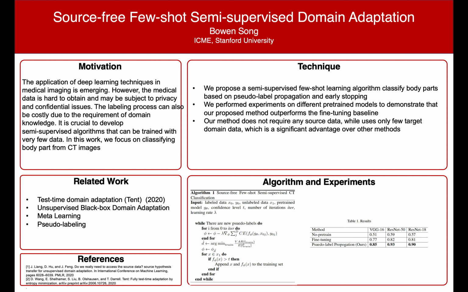Every time we construct more pseudo labels until we no longer construct any additional pseudo label, at which point the confidence level falls beyond our threshold, so we stop the propagation. So the idea is quite simple. It's just because we're confident about our model results, so we label it as a pseudo label. And the results show a big improvement over the baseline like fine-tuning.